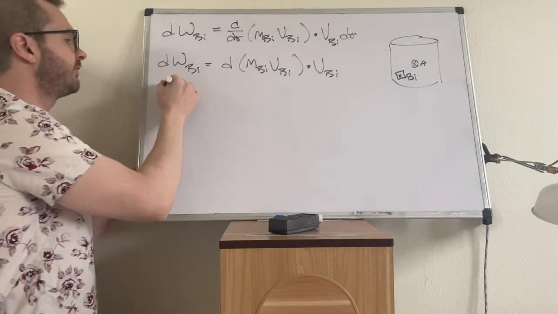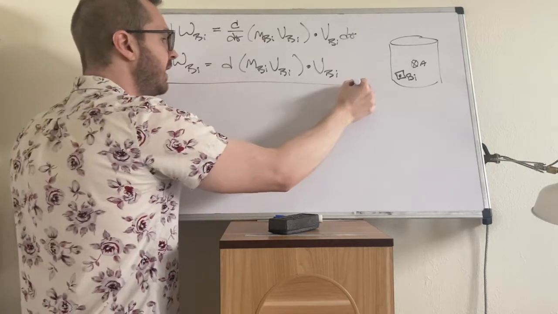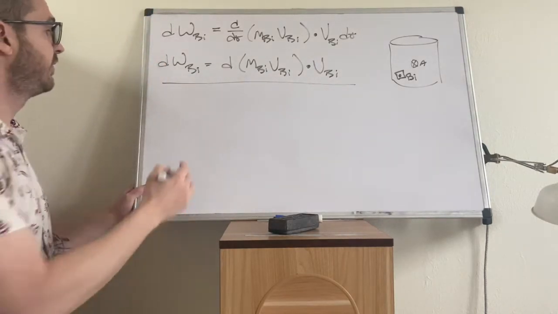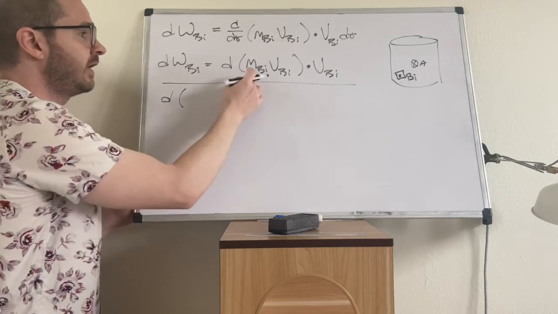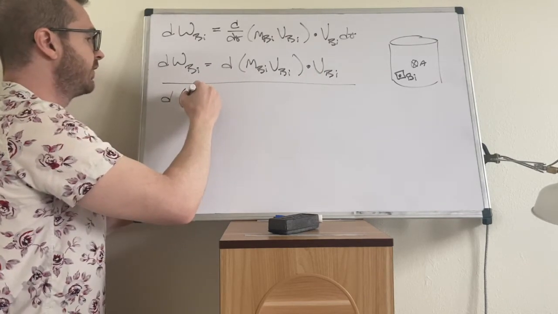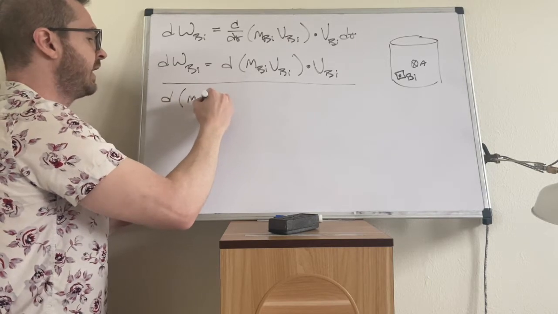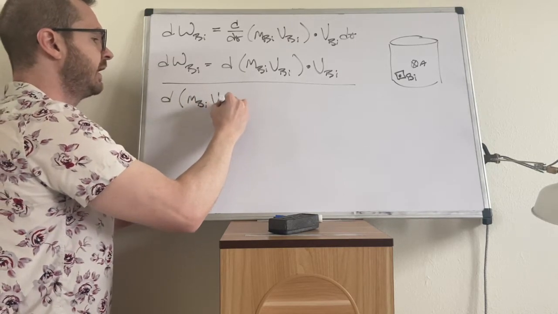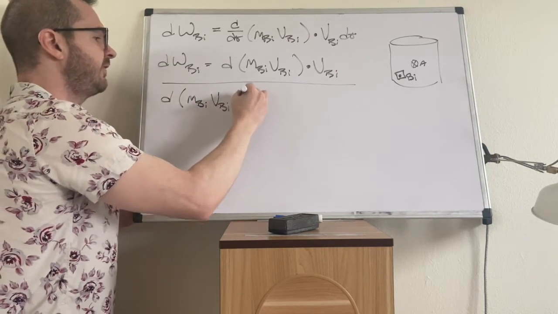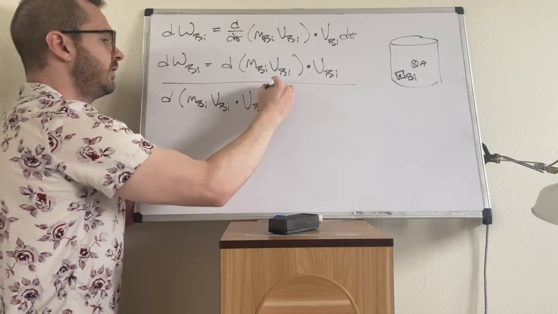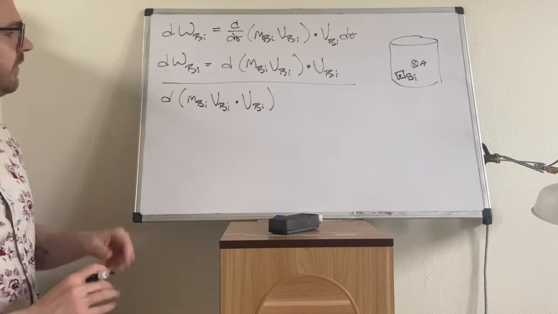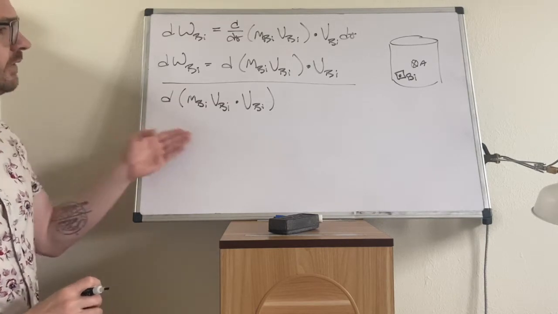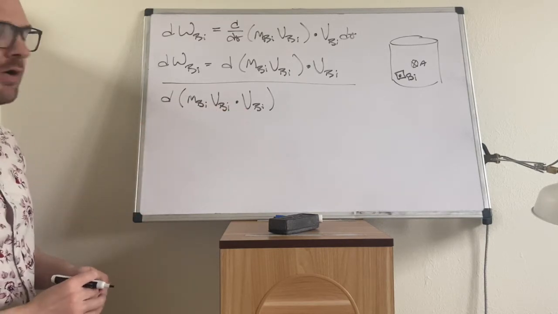Now, what can we do with this? Again, we're going to pause for a moment, and I'm going to suggest, what if we had a differential of the full expression? What if we had MBI VBI dot VBI? And what if we wanted to calculate this? We could do a product rule expansion on this.